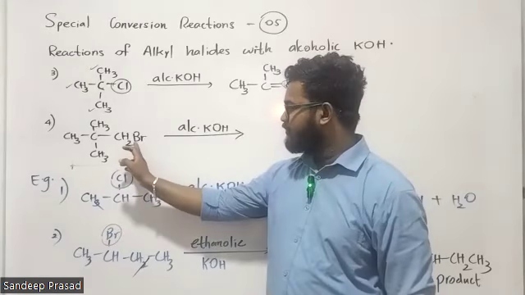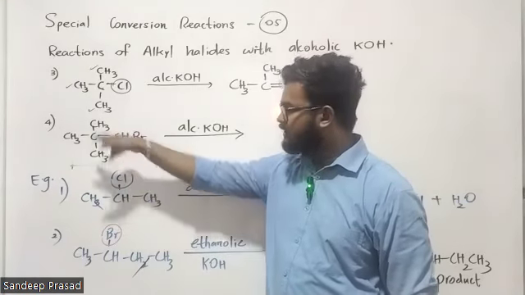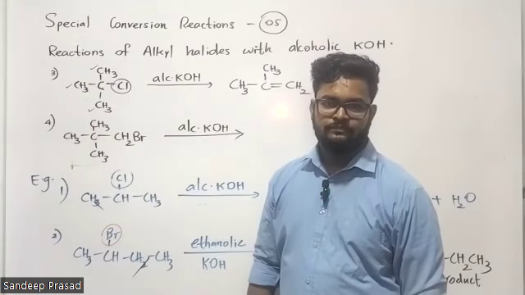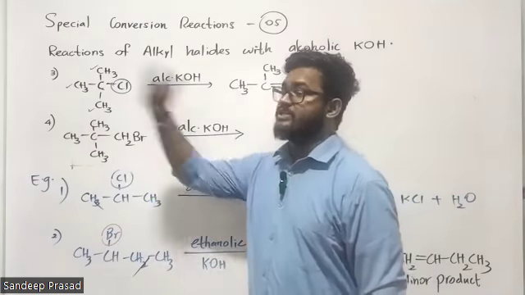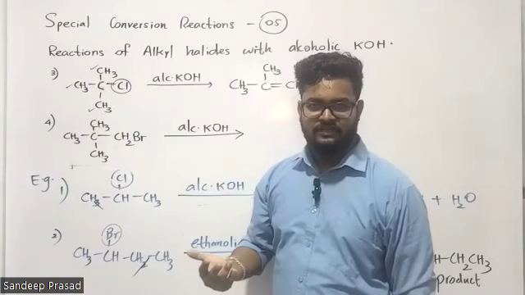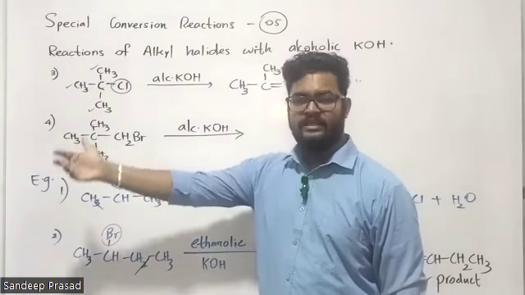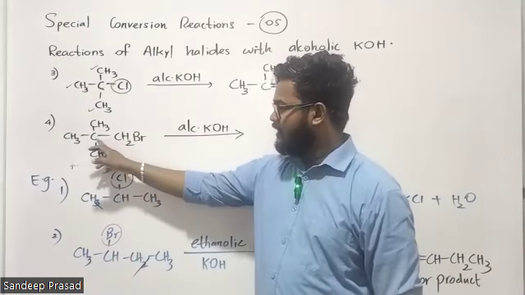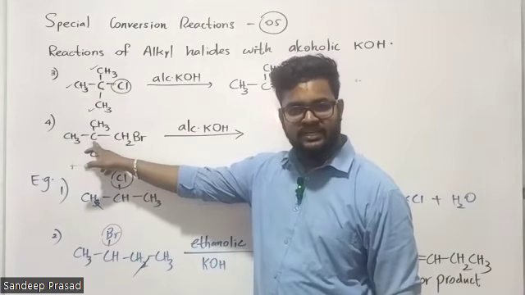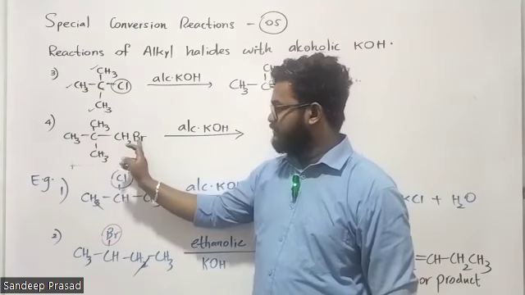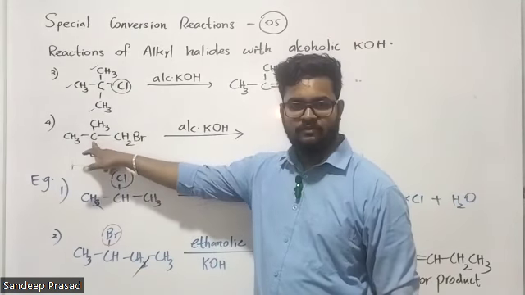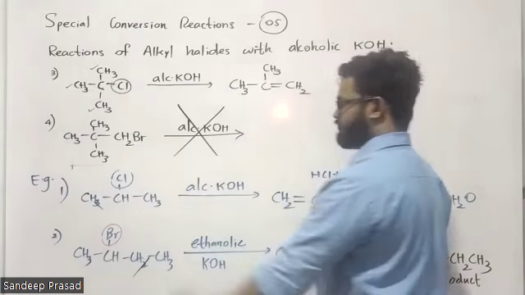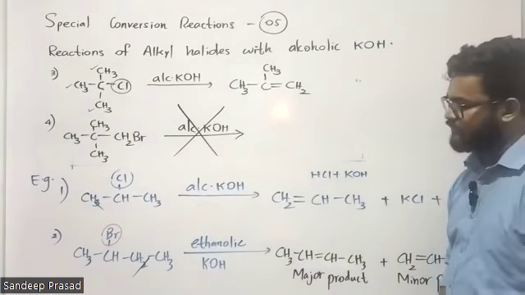So how can that bromine atom eliminate with one hydrogen from the neighboring carbon atom? We have to go for the direct next neighbor. Understood? Since this carbon atom doesn't contain any hydrogen, that bromine cannot be eliminated from the compound. So here there won't be any reaction. Keep that in your mind.